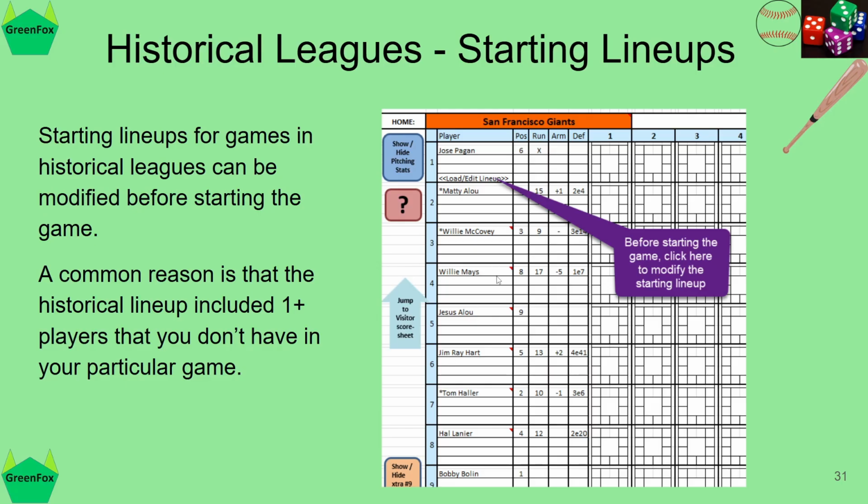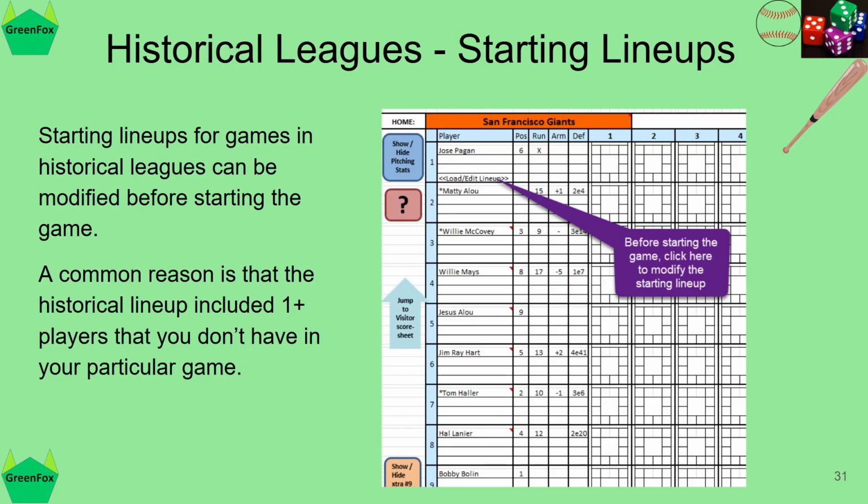This thing kind of shows there's this kind of cell here. If you click, you can edit the whole lineup kind of in its entirety and juggle it all around. Or if you just want to swap out one player, you can click on one player and make a substitute for that player, but that doesn't change your batting order.